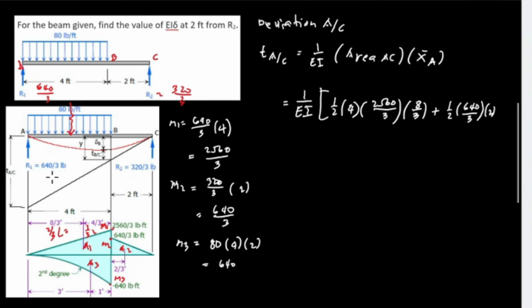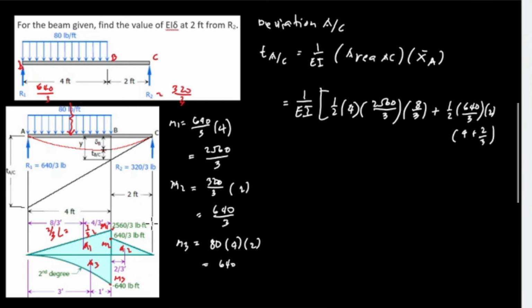From A to the centroid of area 2, that's 1/3 of L, so 1/3 of 2, or 2/3, and the distance from A up to the centroid of area 2, we will add 4 meters plus 2/3, and this will be 4 plus 2 over 3.